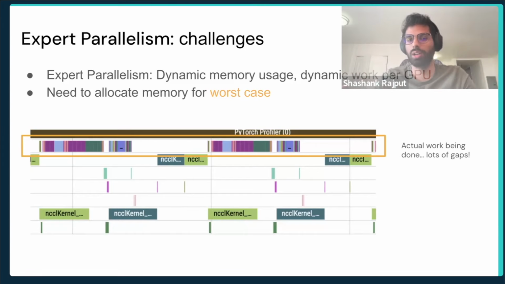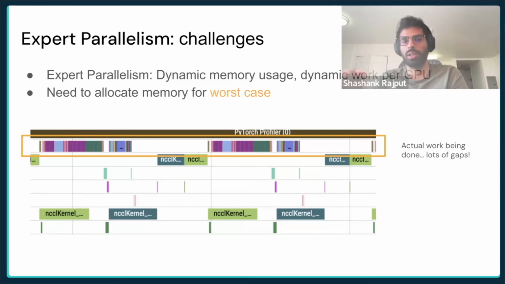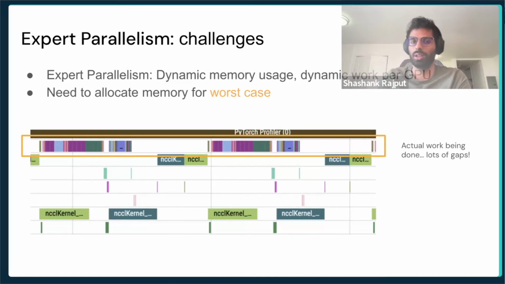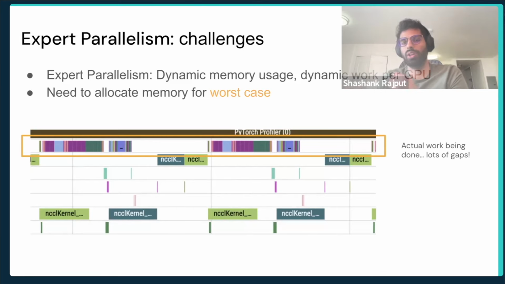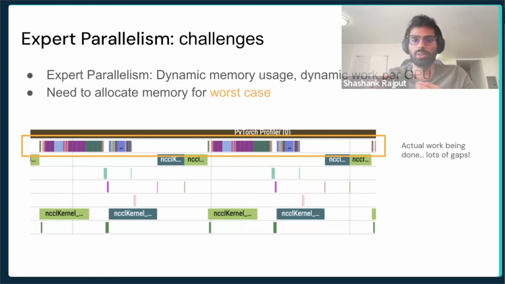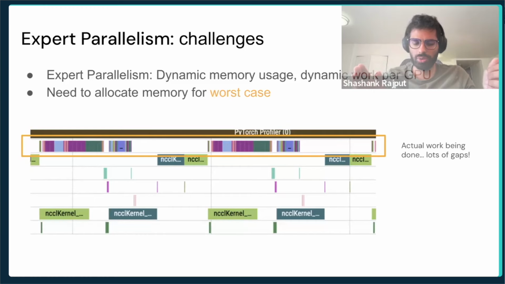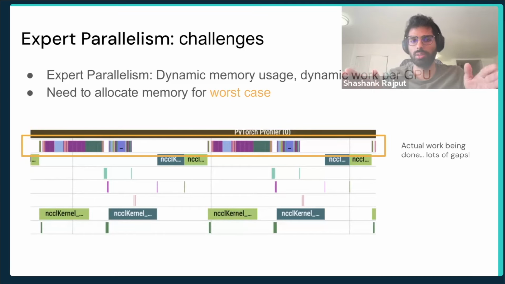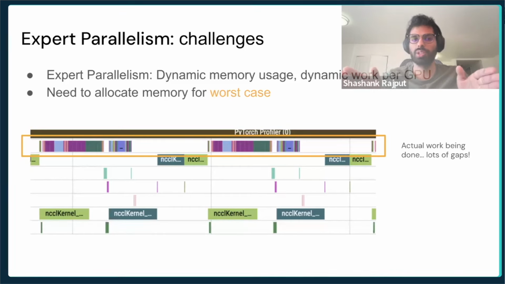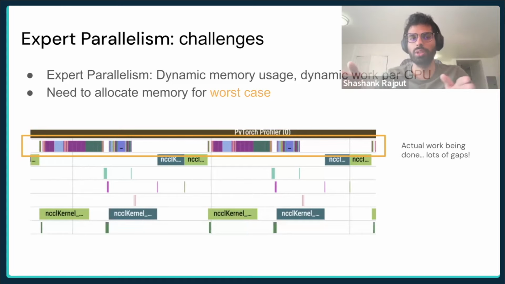And then you'll need to figure out how to fix that because even if you restart, again, that expert will receive a lot of tokens and it will again run out of memory. So the solution to this is usually you take this into consideration and you allocate memory in such a way that you always keep some reserve memory so that you don't see these out-of-memory issues.